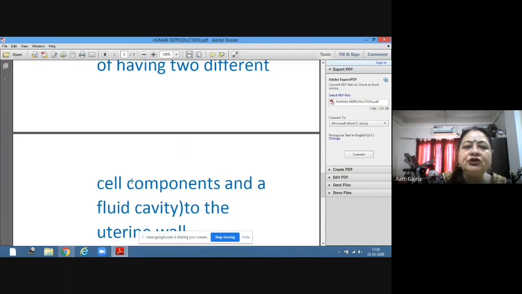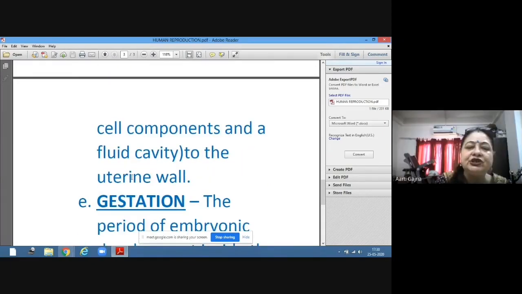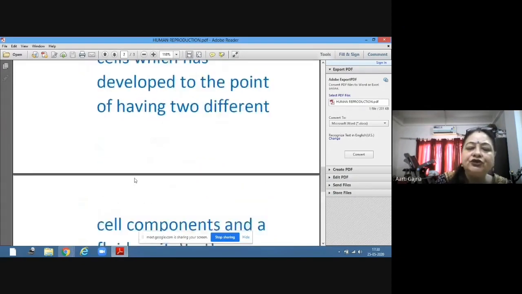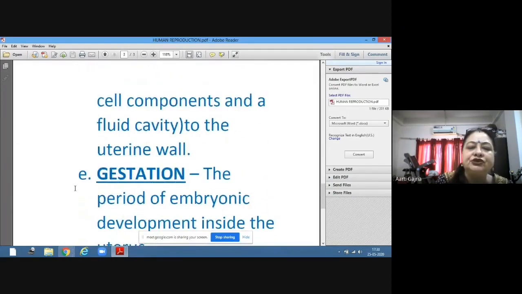We are going to learn everything in detail in this chapter. This is just an introduction. The cell components are there and a fluid-filled cavity is there. And this blastocyst will go and attach itself to the wall of the uterus.